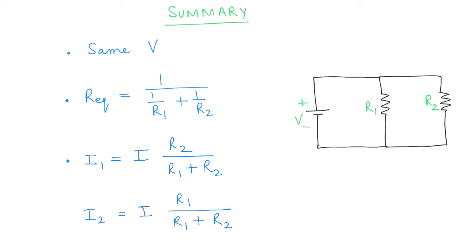So there is a current division that starts to happen: the current that flows through R1 is proportional to the value of R2, and the current that goes through R2 is proportional to the value of R1. So it's kind of inversely proportional in some sense.